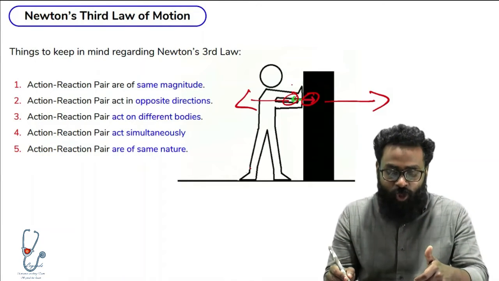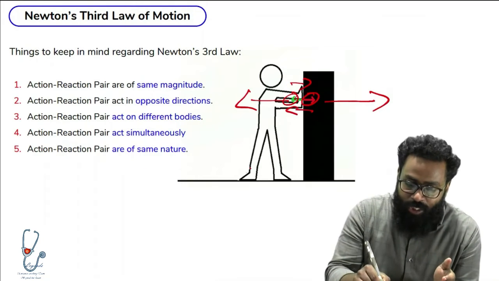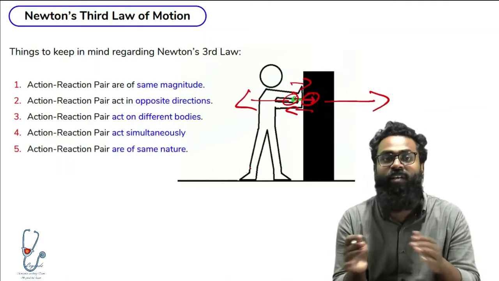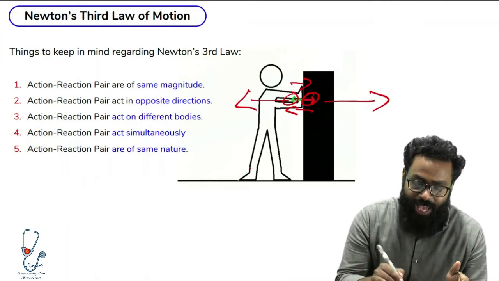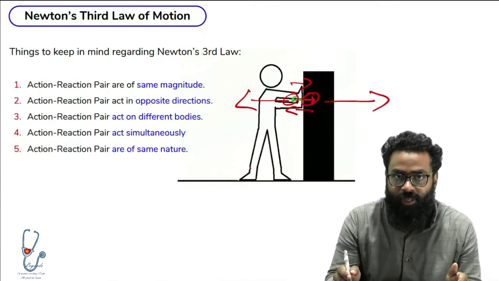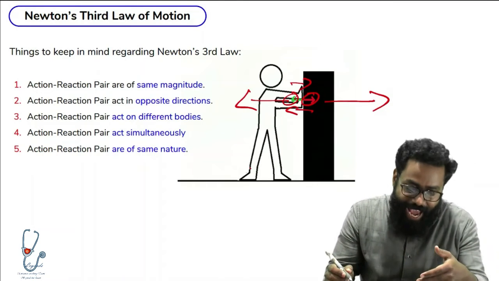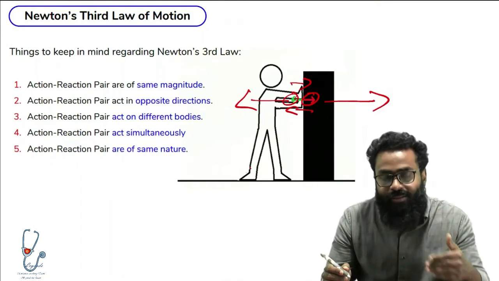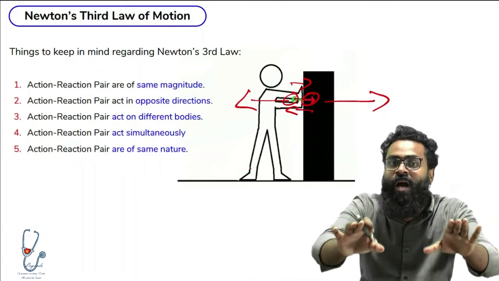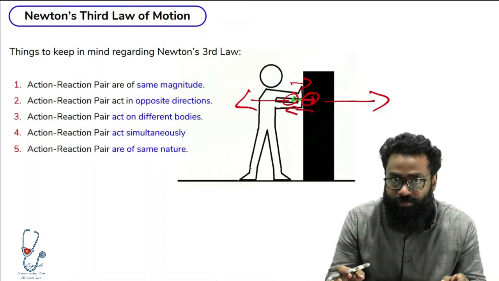Okay, then the action reaction pair act on different bodies: the action acts on one body and the reaction acts on the other, so they are on different bodies. And then the next is that the action reaction pair act simultaneously. Okay, the next one is that the action reaction pair are of the same nature. Okay, clear that, the 5 points are the important things regarding Newton's third law.